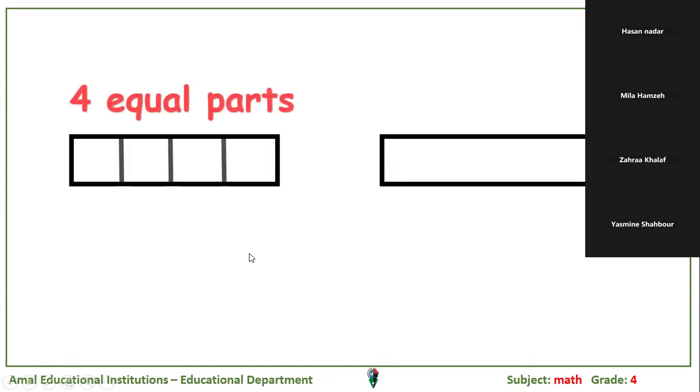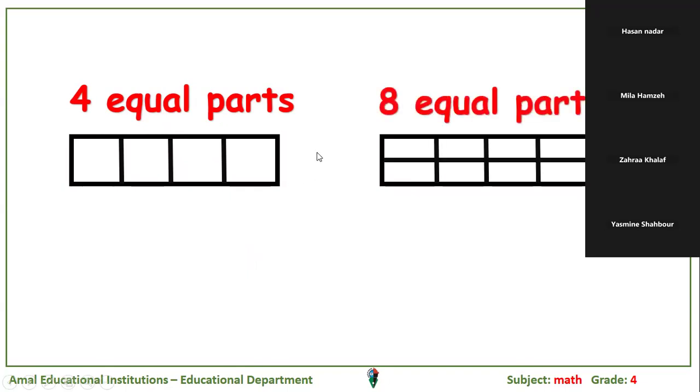Here we have two examples. In the first example, we divide the whole into 4 equal parts. In the second example, we divide the whole into 8 equal parts. In the first example, I want to color 2 parts, and in the second example, 2 parts also.